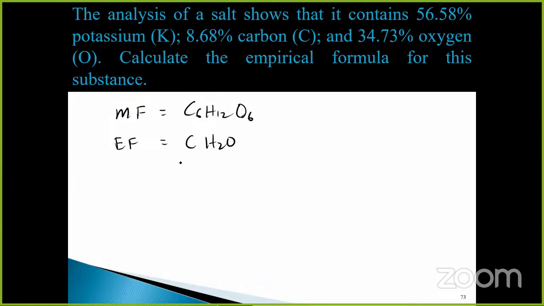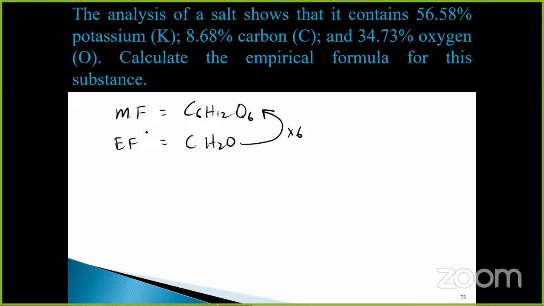Now, the relationship between these two is that if you multiply each of these subscripts by, in this case, 6, you get the molecular formula. That's because the empirical formula gives you the simplest ratio of the atoms of the different elements present in a compound. There's a 1 to 2 to 1 ratio between the carbon, hydrogen, and oxygen atoms.